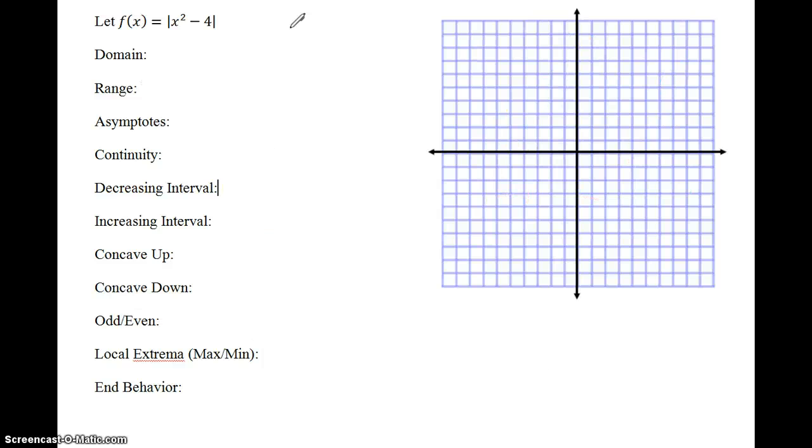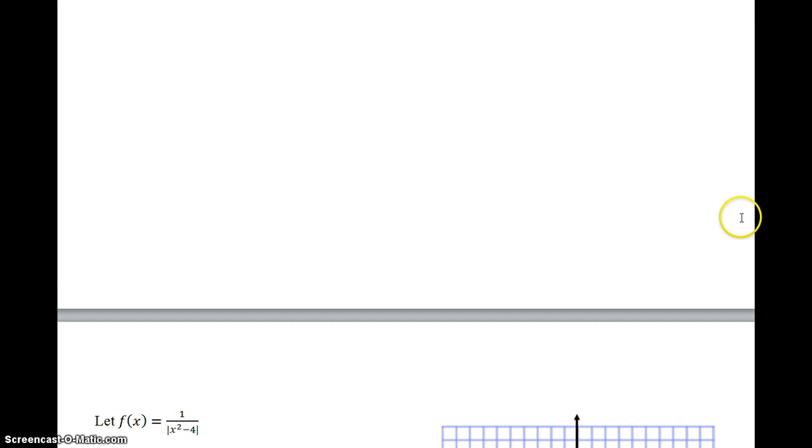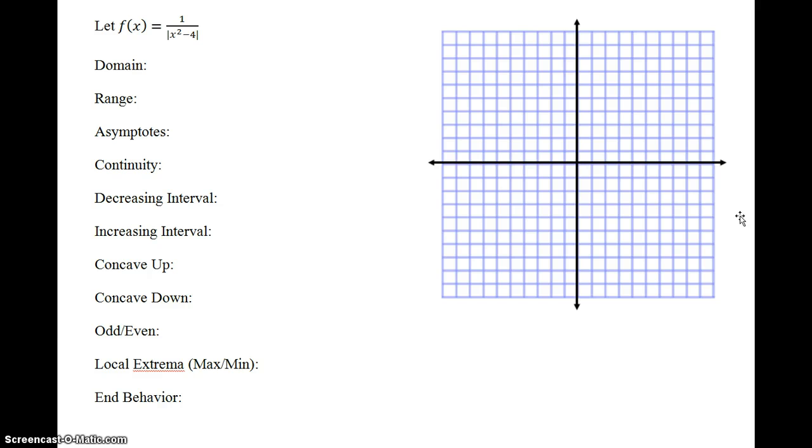So let's clear that out. And our next example, you'll notice that it's just a similar problem, only now we're going to have the reciprocal.